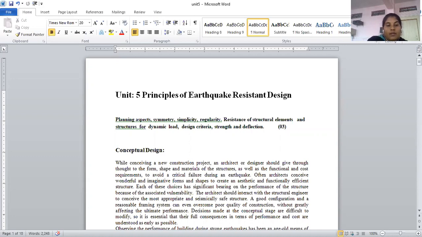First, the ability to understand overall earthquake behavior is greater for simple structures than for complex ones.